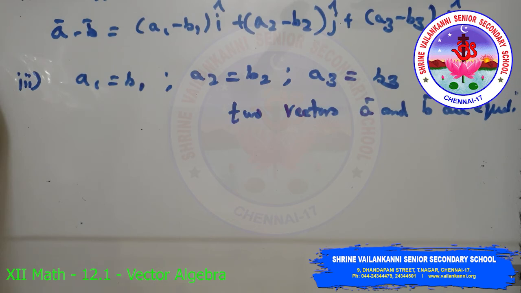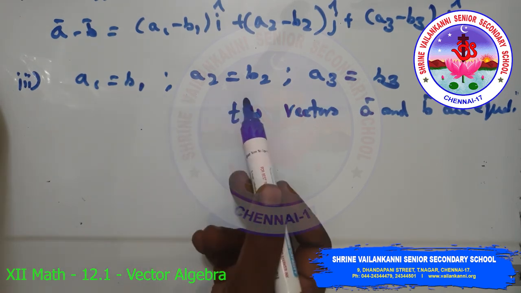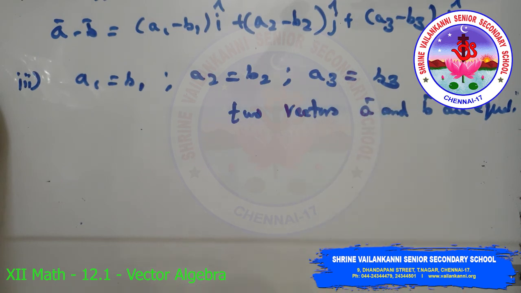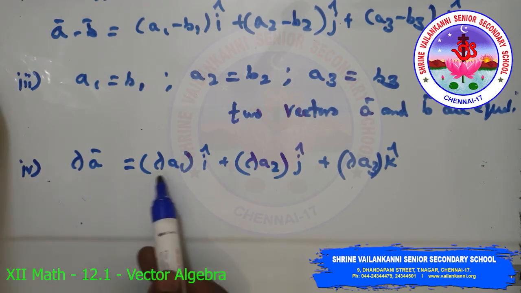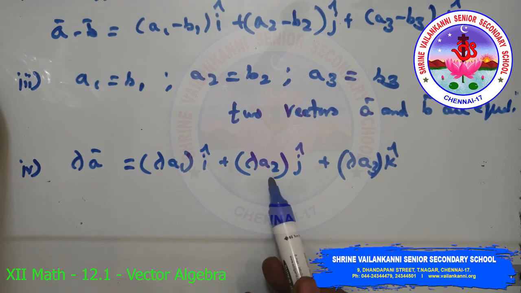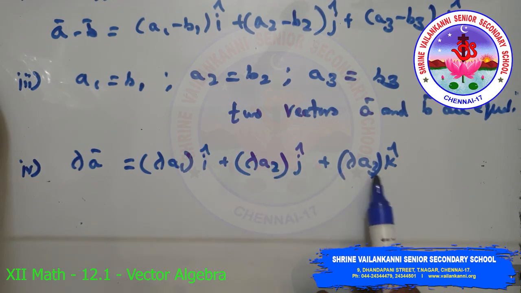Third, the vectors A and B are equal if and only if a1 equals b1, a2 equals b2 and a3 equals b3. Fourth, the multiplication of vector A by any scalar lambda is given by lambda A, which is equal to lambda a1 into i plus lambda a2 into j plus lambda a3 into k.